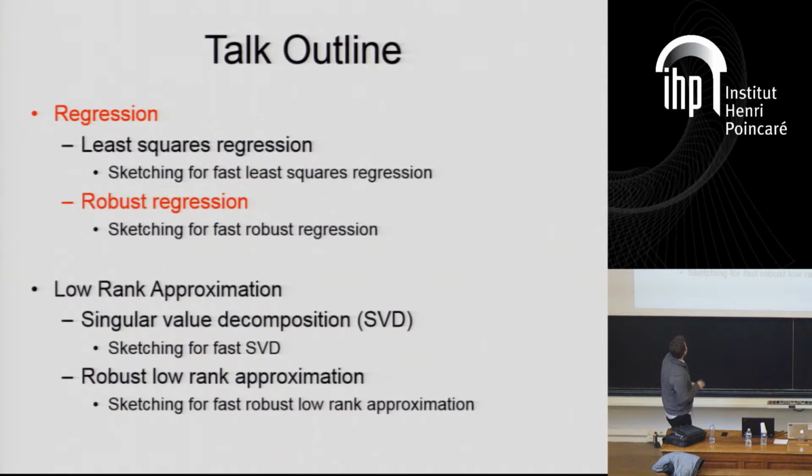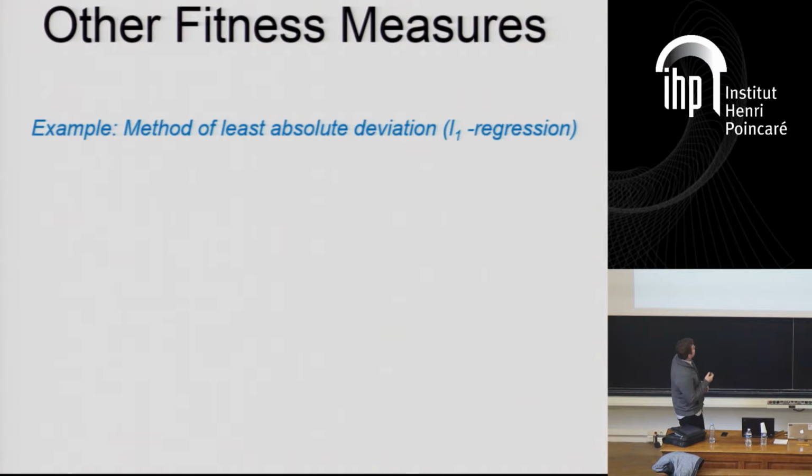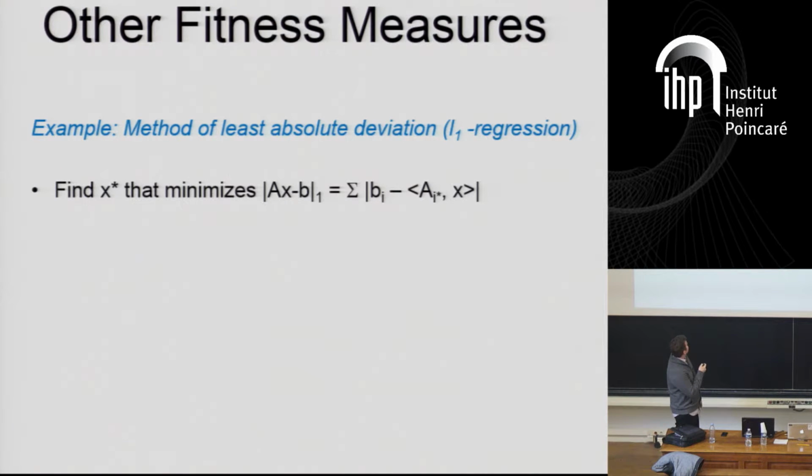Okay. So let me move on to more robust versions of regression and how you can use sketching to speed those up as well. Another notion of closeness for regression is what's called L1 regression. The only difference is now you find an x which minimizes the L1 distance between Ax and b.